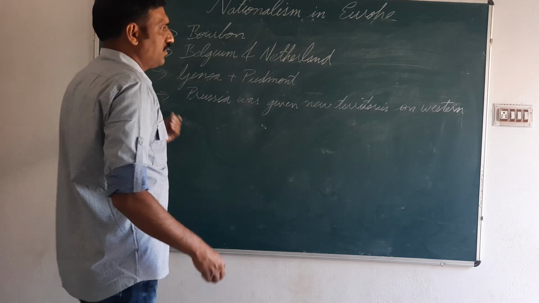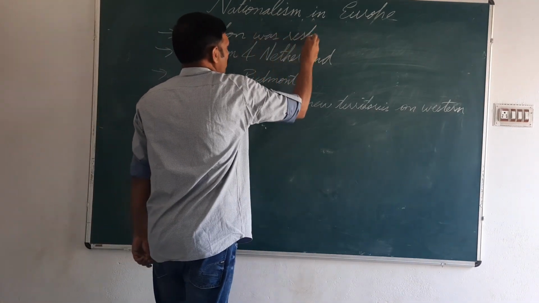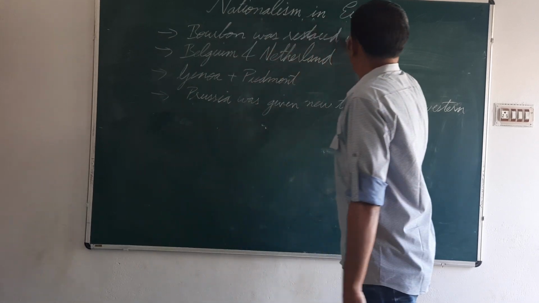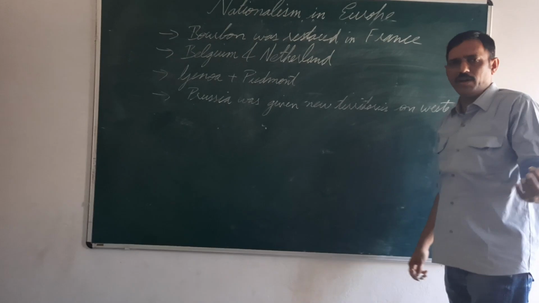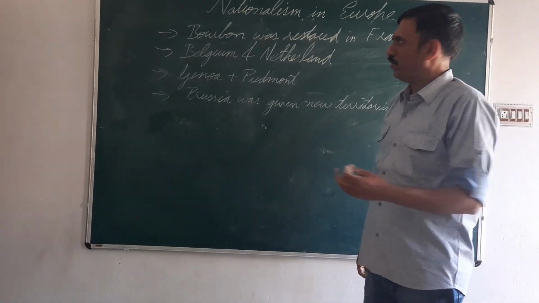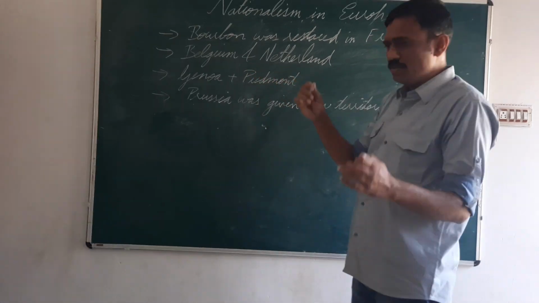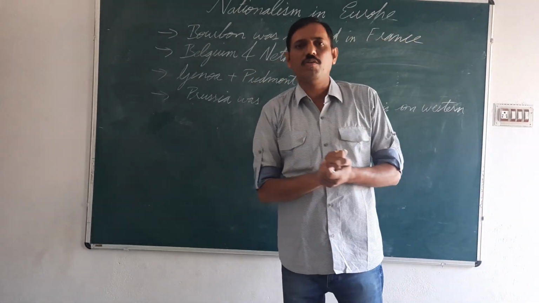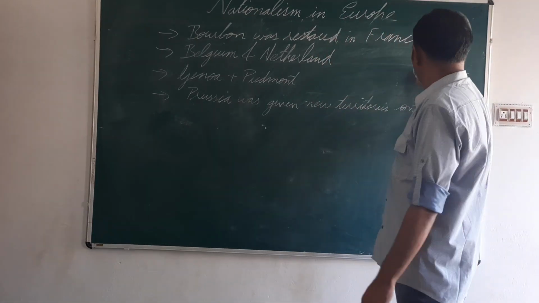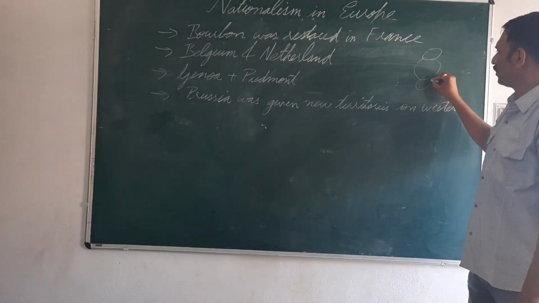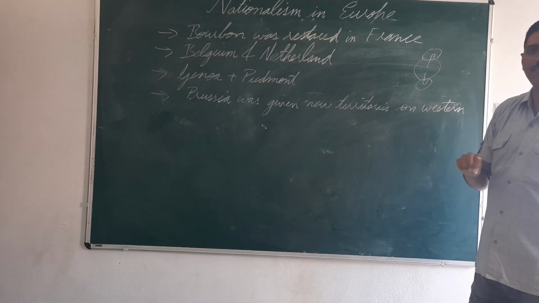Now, the Bourbon dynasty was restored in France. The Bourbon dynasty was the ruling dynasty in France, so now they will rule again. A series of states were made on the boundary of France to prevent further expansion, so that France does not spread in either direction.